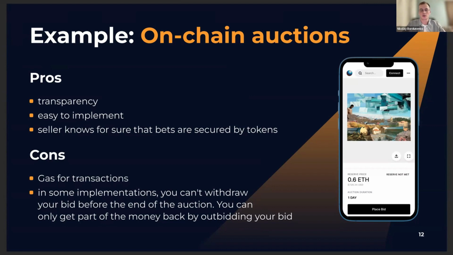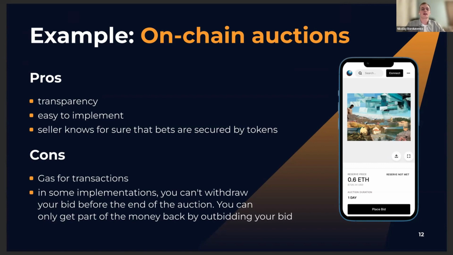Simple implementation: developing a smart contract for an auction is not a difficult task. And the advantage for the seller is that he knows the users' bids are secured by their funds. Yeah, there are also some disadvantages. Gas per transaction.